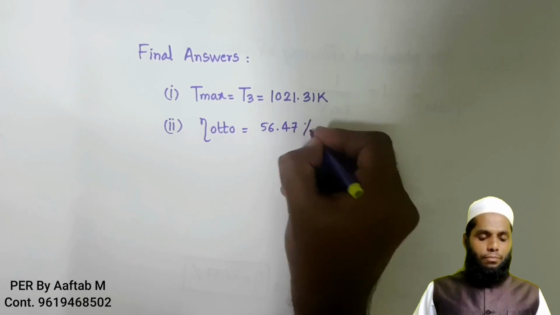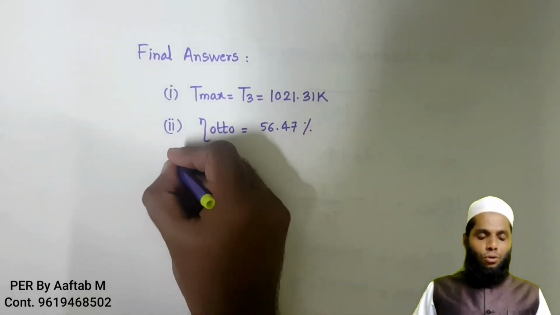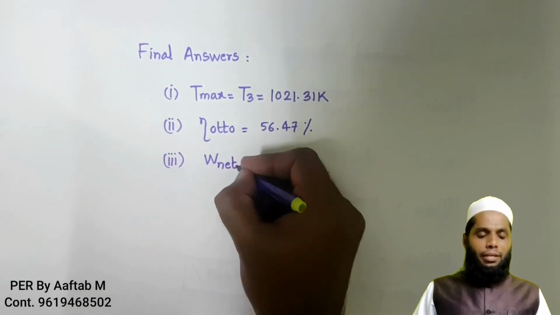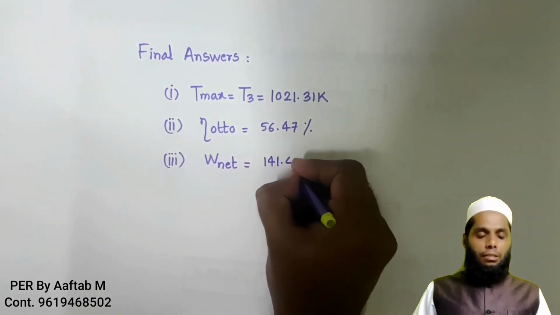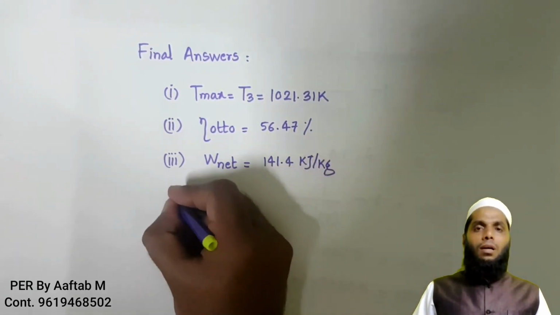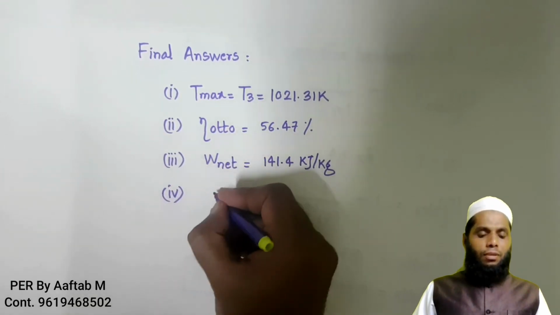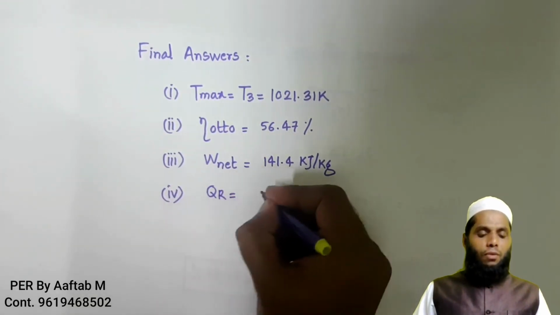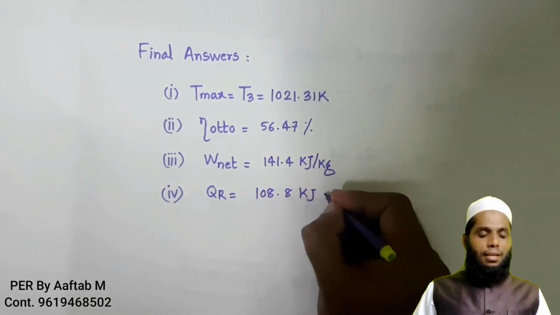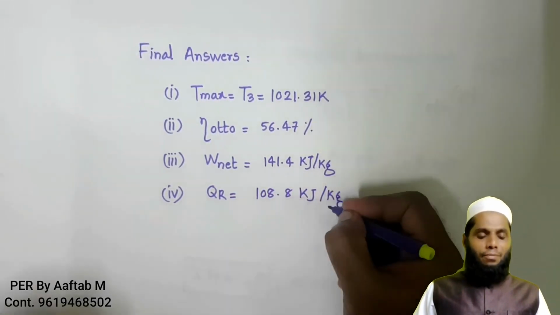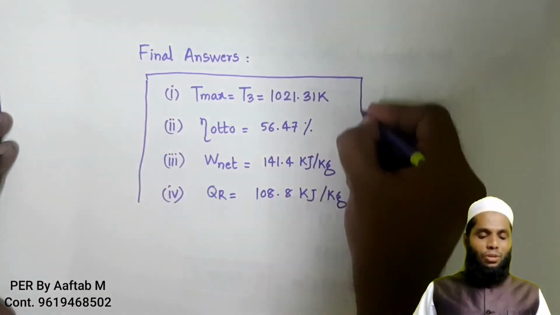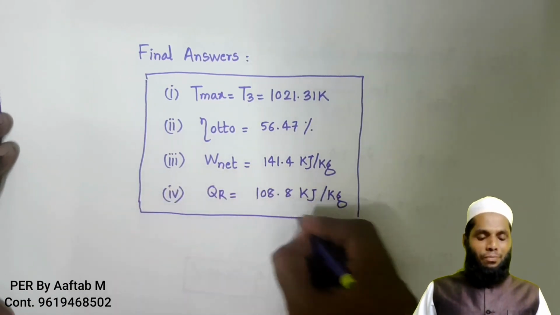Then the next one is efficiency of Otto cycle, which is equal to 56.47%. Then third one, net work done, which we found is 141.4 kilojoule per kg. Then the last one, heat rejected by the system, which we have found is 108.8 kilojoule per kg.